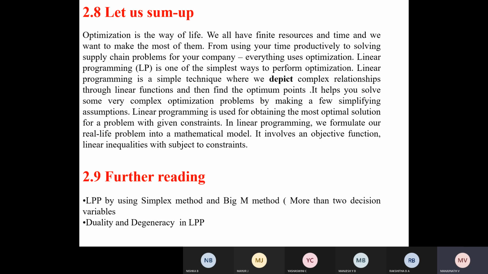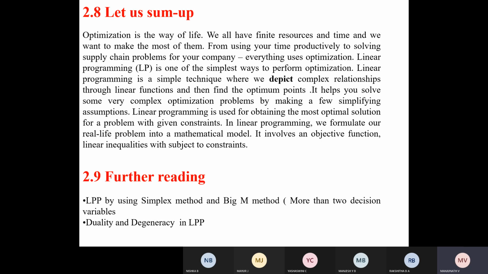Again, optimization is a way of life. In your day-to-day life, we think of optimizing it, minimizing losses and maximizing our profits. That's what exactly optimization refers to. We all have finite resources and time, and we want to make the most of it. We need to get the best of the usage and the utility. The value addition should be more.